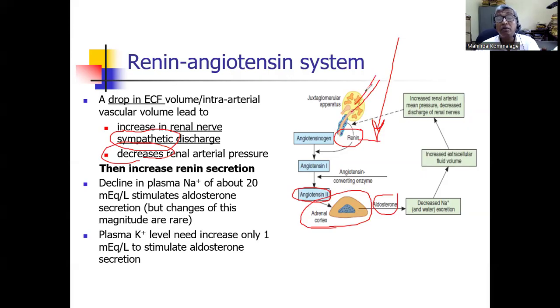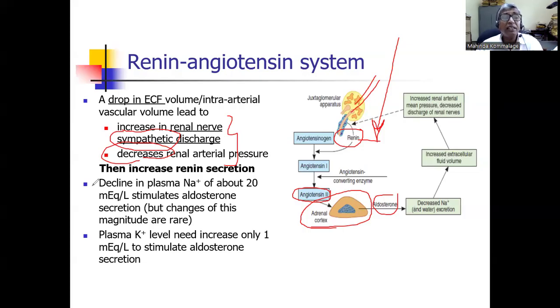Let's say this is a blood vessel. If the blood pressure in the blood vessel reduces, renin secretion increases. So there are two main mechanisms to activate renin. One is sympathetic activation to the kidney. The other is a reduction of blood pressure or renal arterial pressure. So renin secretion will increase, and then finally it will stimulate aldosterone secretion.